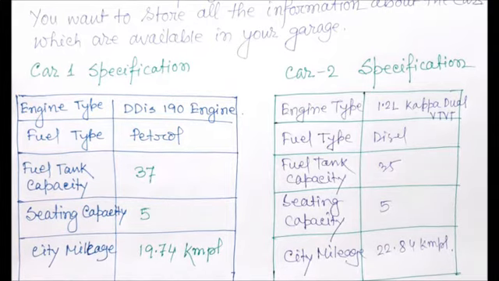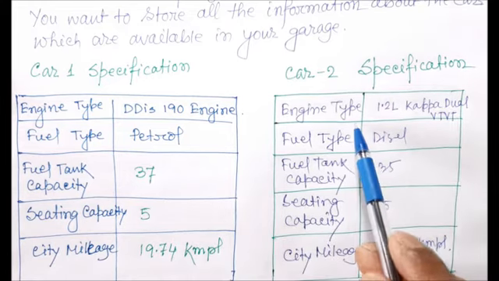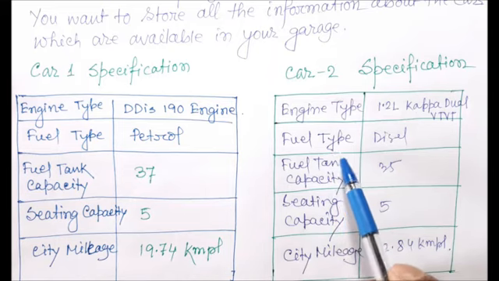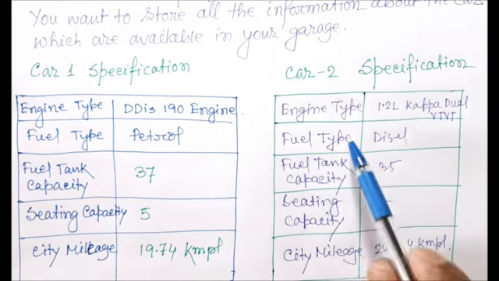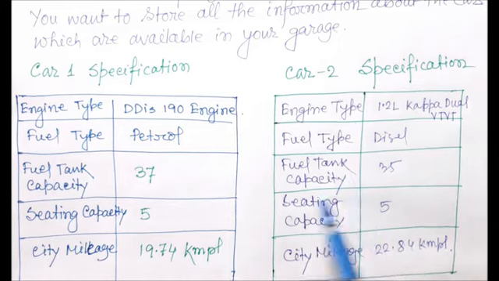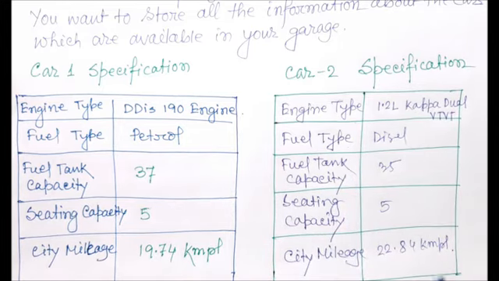To store the car 2 specification, similarly we need a character array for the engine type, the same types of variables for the fuel type, fuel tank capacity 35, seating capacity 5, and city mileage 22.84 as float type.